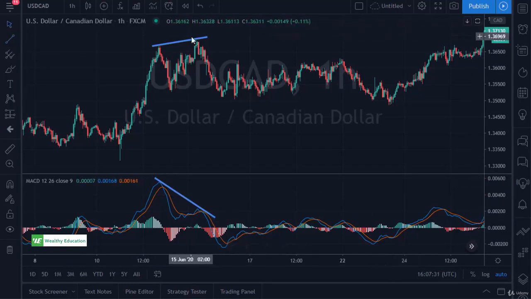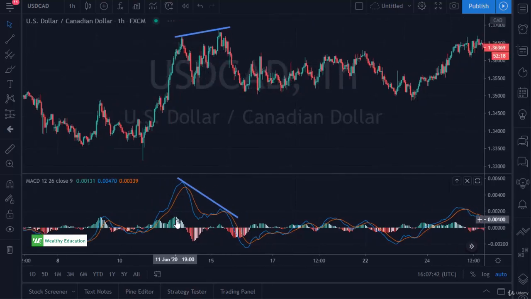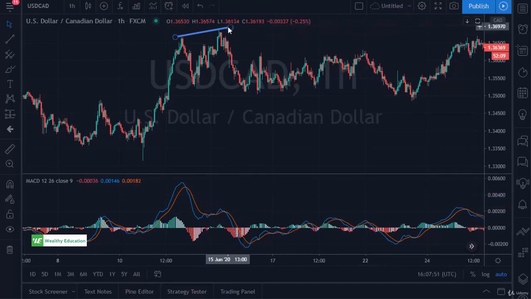So it was a higher high in price and a lower high in the MACD. That shows that perhaps we are running out of momentum, and we did drop from there. It is worth noting you can also use the histogram to measure that as well. The histogram is high here, and by the time we get over there, it's definitely much lower. So the histogram and the moving averages aren't cooperating with price, so that's a bit of a heads up.